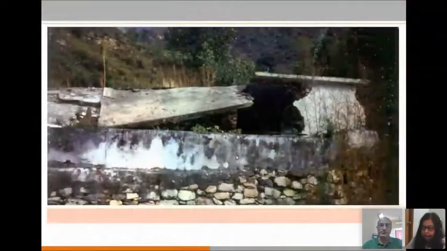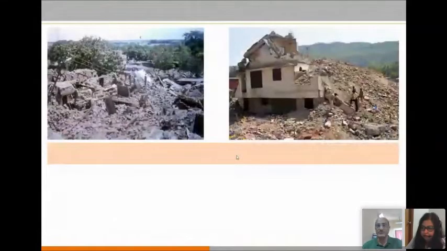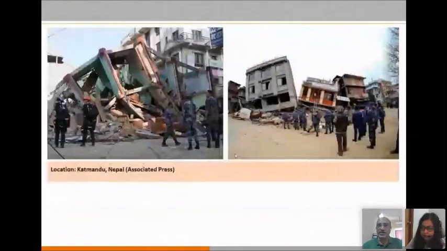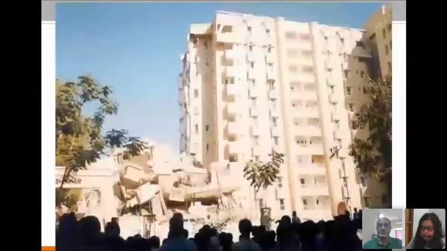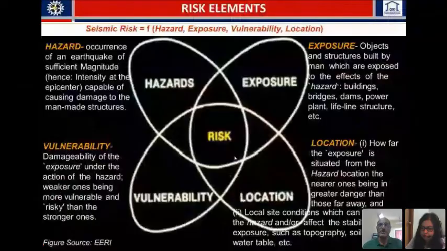Normally, these are the pictures which are commonly seen after any kind of seismic activity, which happens not only in our country but the world over. And this is not acceptable, at least for any building, particularly when a hospital is considered, because we need the hospital to be functional after any kind of disaster.